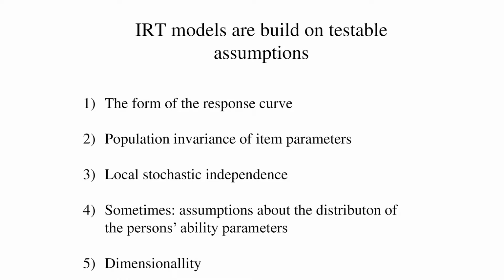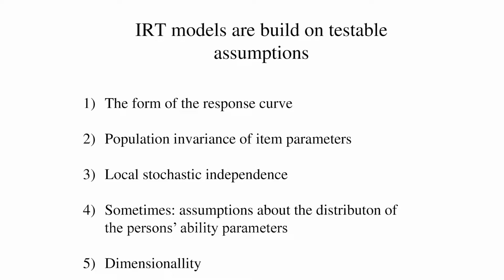So, what are the testable assumptions? First one, there's the form of the response curve, because we saw these trace lines, these response curves, so they had nice logistic shapes, but one of the questions you might ask is, is it appropriate? Is the probability of a correct response really properly modeled by a curve of the form that we are considering?